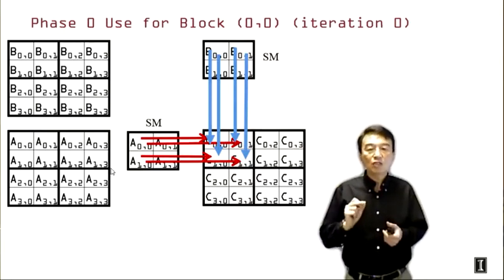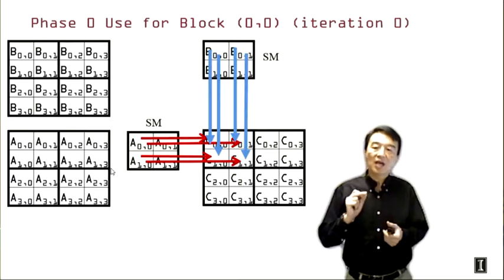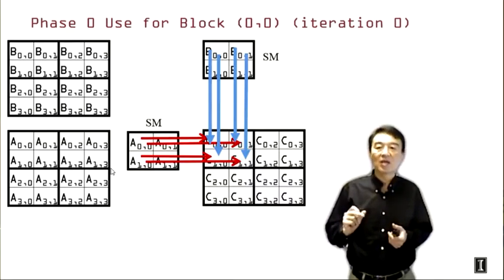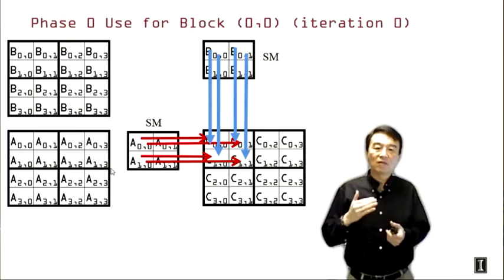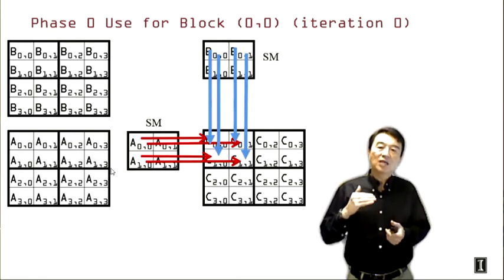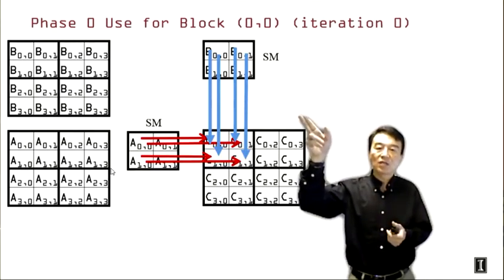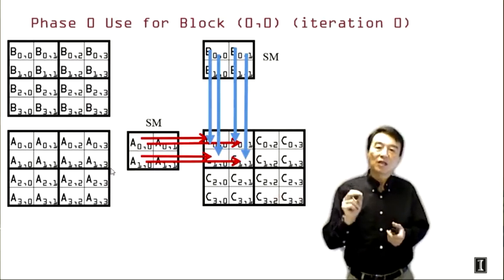And if we look at the shared memory, it now has half of the elements of A and half of the elements of B that this particular thread needs to generate the final dot product for element C00. So we would do the first phase of execution by having each thread use the elements that we have already loaded into the shared memory for the first half of the dot product.